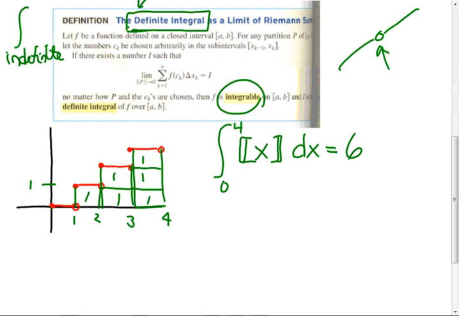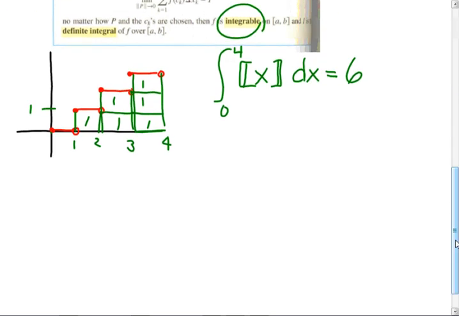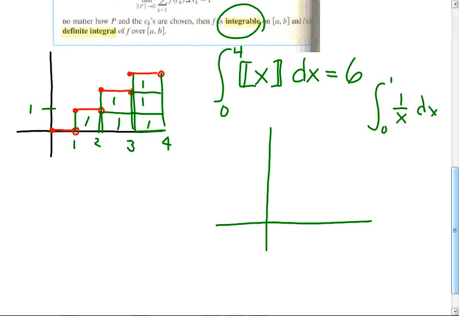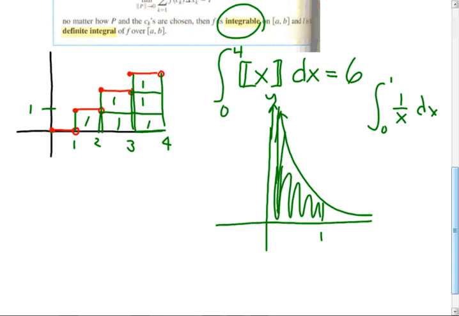But not everything. What if I take this function? What if I do the integral of 1 over x from 0 to 1? What's happening at 0? Is this going to meet? No. And if I stopped at 1, I'd be looking at this area. So we have to figure out how to deal with that. That's called an improper integral, and we don't have to worry about it this year.